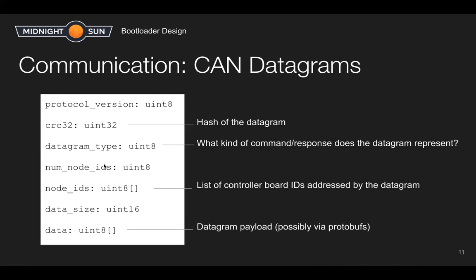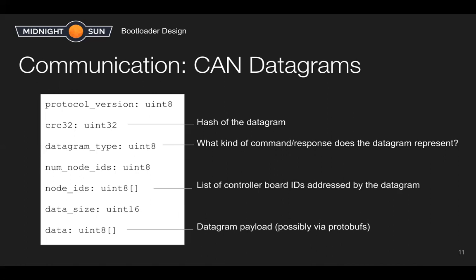The important field to pay attention to is the datagram type, which is a uint8, which represents what kind of command or response the datagram represents. So if my datagram type is 2, it could mean that this datagram means I'm about to flash application code.